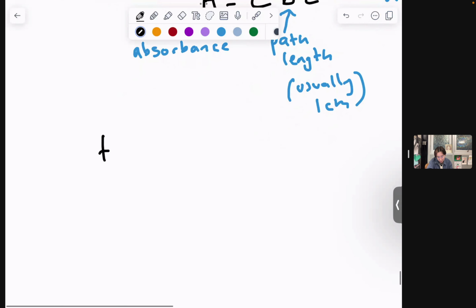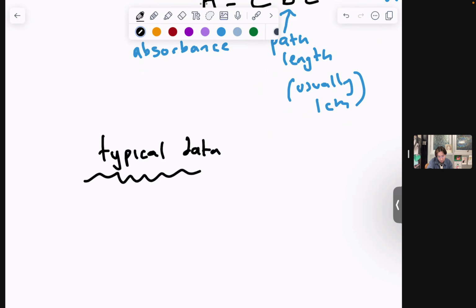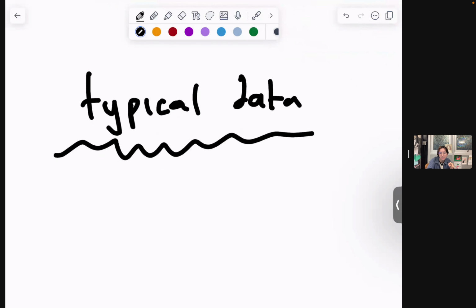We'll actually do this later, but just to give you an idea of what we will do with this. When I want to use Beer's law, I usually want to figure out the concentration of something using its absorbance. So being able to pop a little sample in a spectrophotometer and figure out how much light was absorbed, therefore giving me the concentration, because they have this direct relationship.